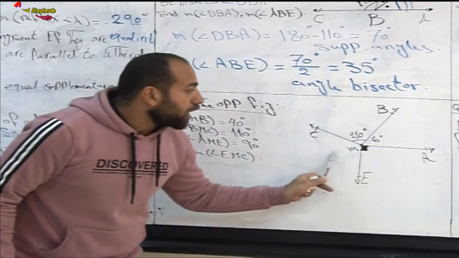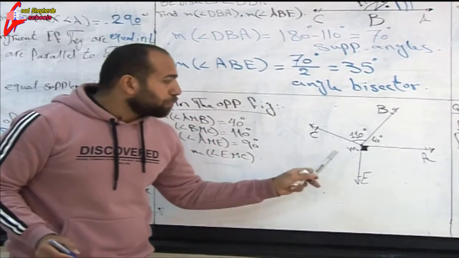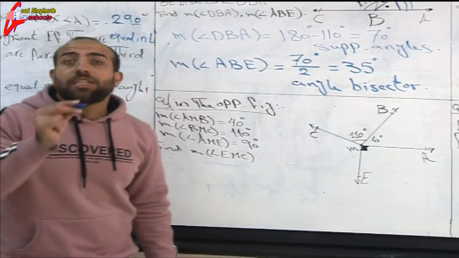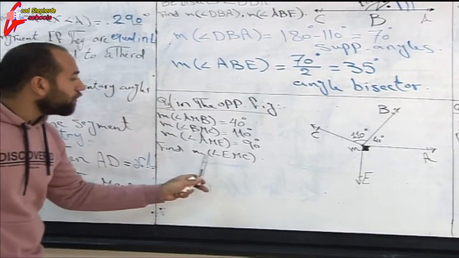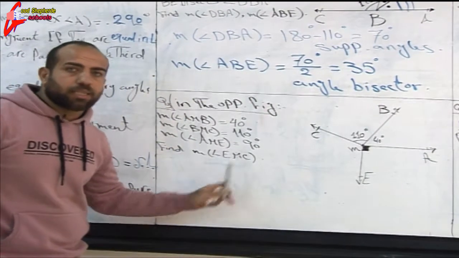The four angles are accumulative at one point, M, so their sum equals 360. He wants us to find the measure of angle EMC.